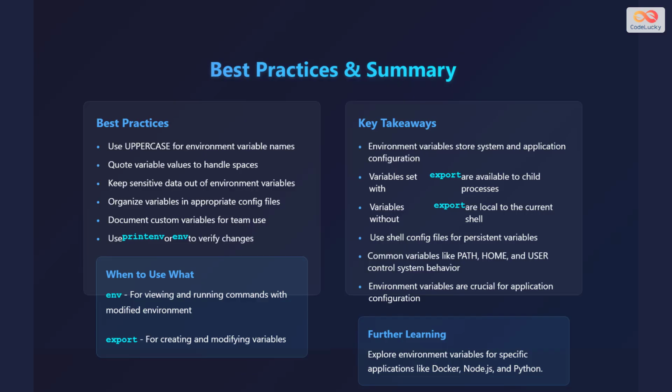Variables without export are local to the current shell. Use shell config files for persistent variables. Common variables like PATH, HOME, and USER control system behavior. Environment variables are crucial for application configuration. For further learning, explore environment variables for specific applications like Docker, Node.js, and Python.